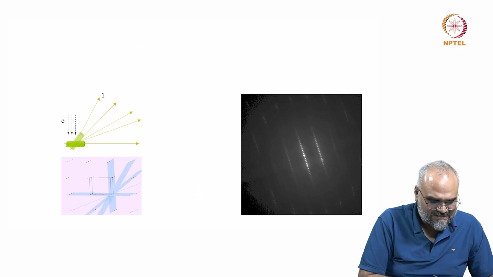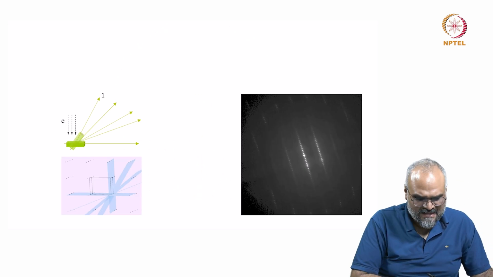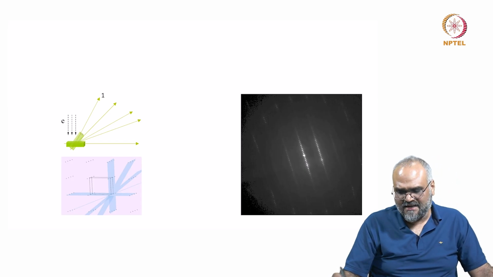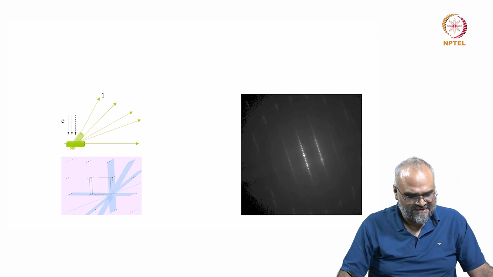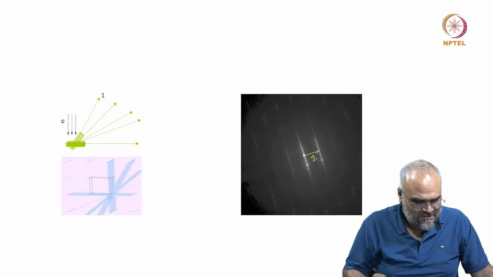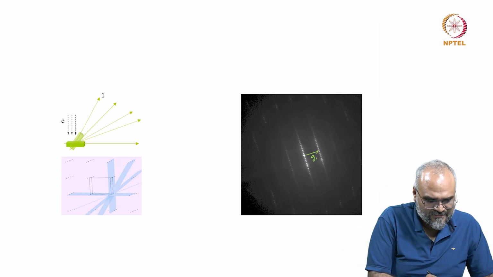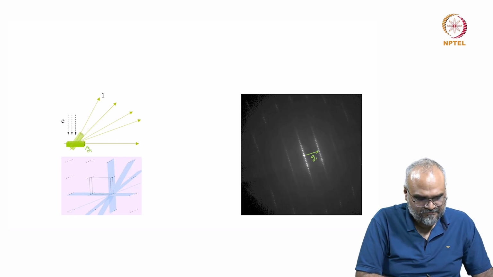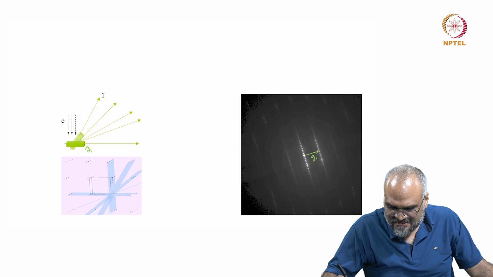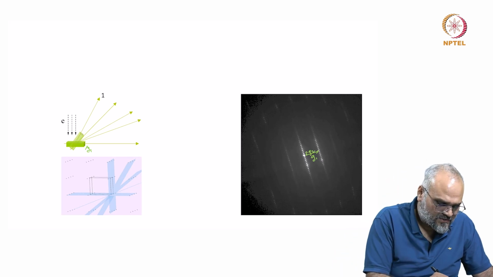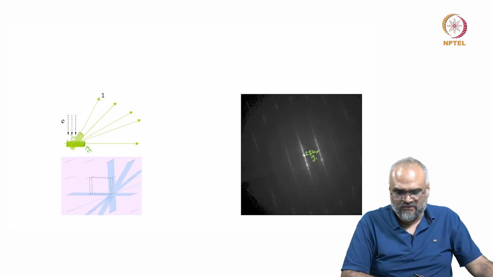I can record diffraction patterns such that, let us say I have a crystal which has a shape like this, and if my electron beam direction is like this, in one scenario I can record a diffraction pattern which looks like this, and here this distance g1 corresponds to, let us say, this length d1 here, and this distance g2 corresponds to this length d2.